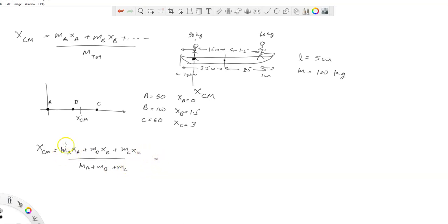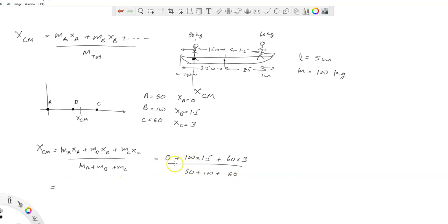The first term becomes 0 because XA is 0, right? 0 plus MB, 100 times 1.5, MC, 60 times 3, over total mass 50 plus 100 plus 60.